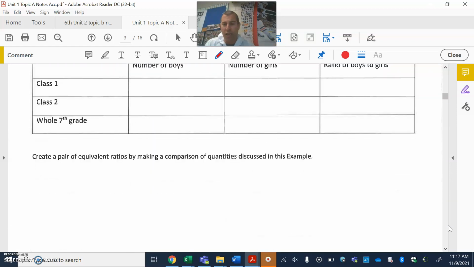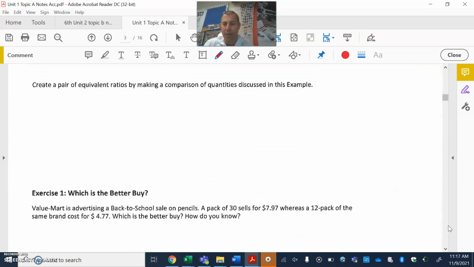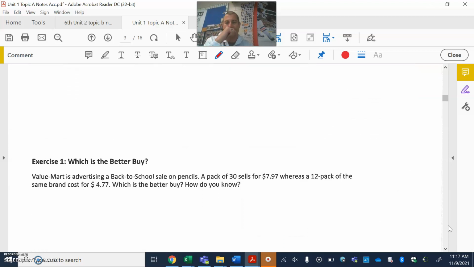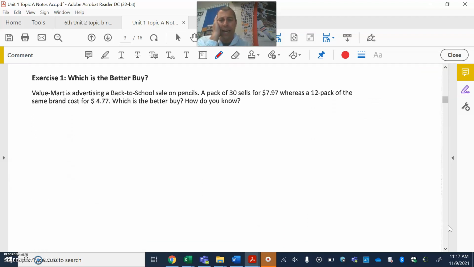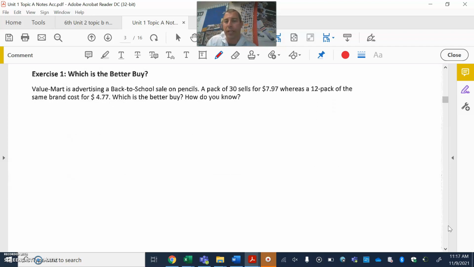So we're really just after one particular problem here, and that's the one at the bottom. That's going to get into unit rates. In other words, who's the better buy? The idea behind this is if we can figure out how much is for one, now we can make our comparison. You see, we've got for 30 of them, and then we've got for 12 of them here.